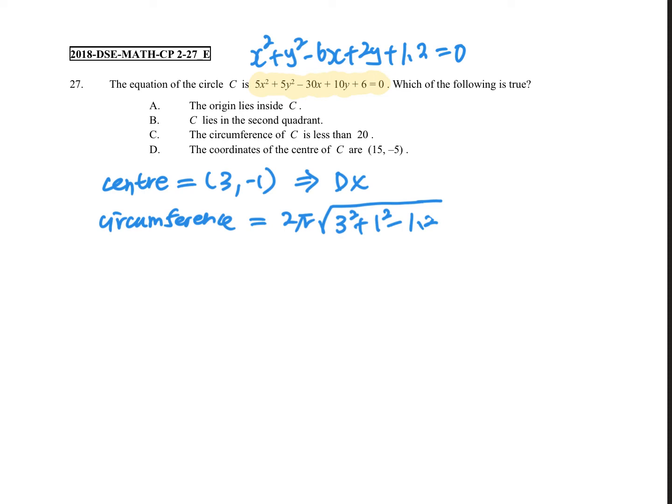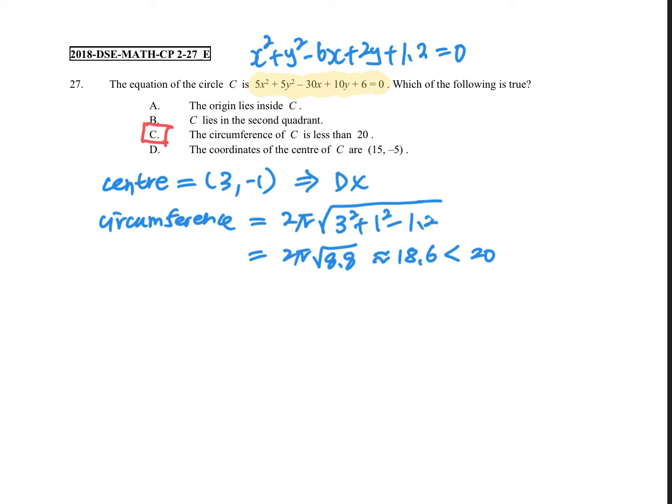So as a result, 9 plus 1 minus 1.2 is 8.8. So that would be 2 pi times square root of 8.8, which is approximately 18.6. And that would be less than 20. So that's why actually that would be option C.